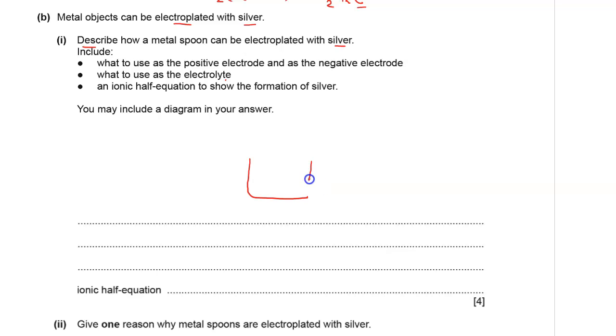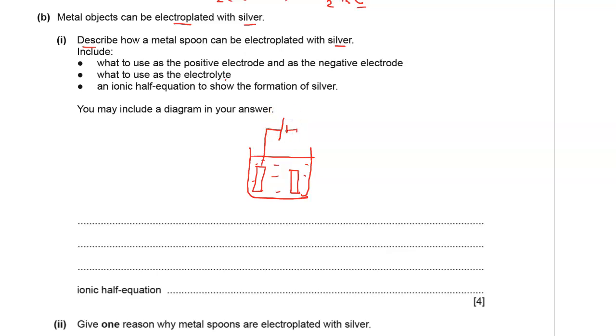Okay, and I have my electrode there, and my other electrode right here. I have my electrolyte. This is my electrolyte right there. And I'm connecting this one to the positive terminal of the cell.